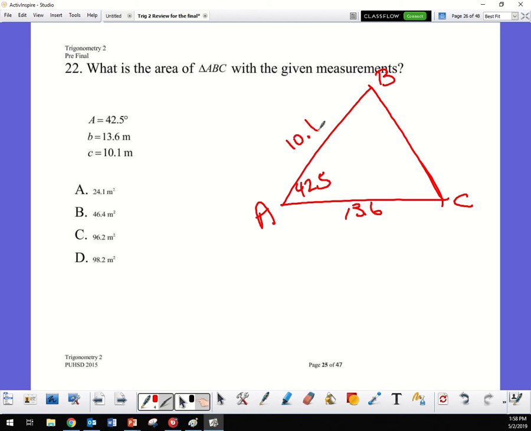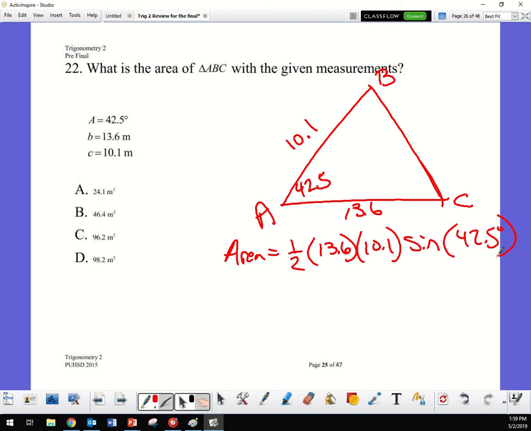Now, area formula. I have the A, so I have to use the one with the A. So what is that one going to be? Area equals 1/2 times b times c times sine A. Very good. 13.6 times 10.1 times sine of 42.5 degrees.